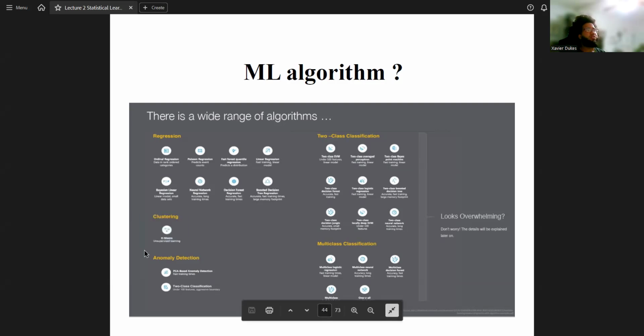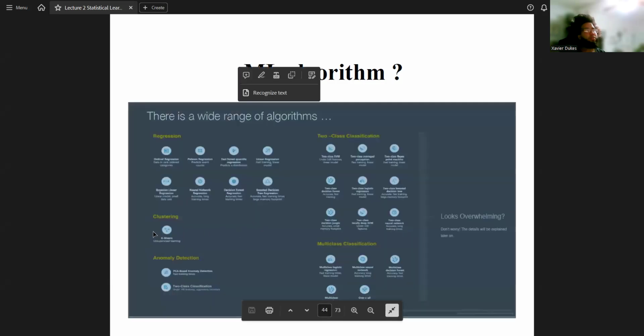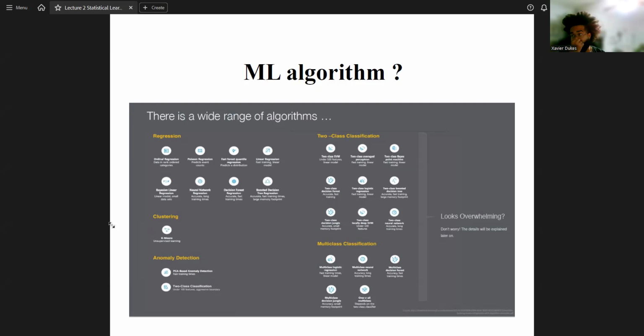Of course, you have clustering, which, if you remember from one of the first lectures, is actually a form of unsupervised learning where labels are not needed and it merely learns intrinsic patterns in the data. This is an unsupervised type of learning, clustering. Okay. Then you have anomaly detection, two-class classification. This is again your binary, and then you have multi-class classifications.